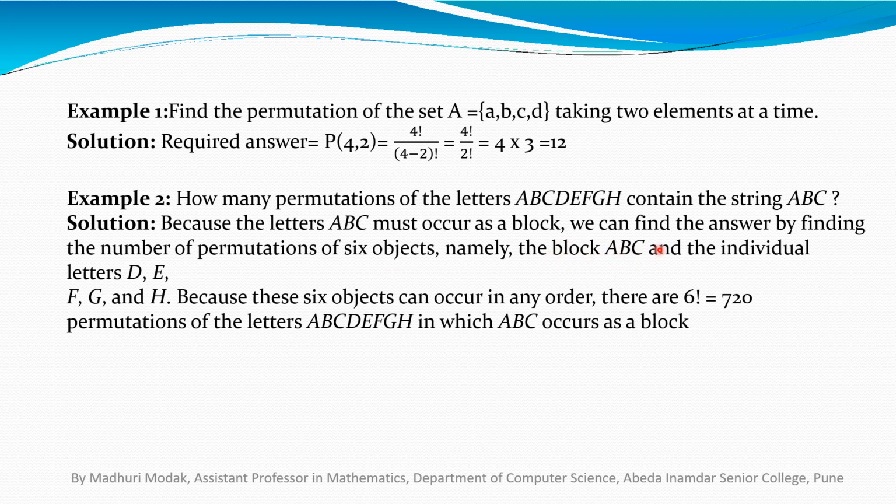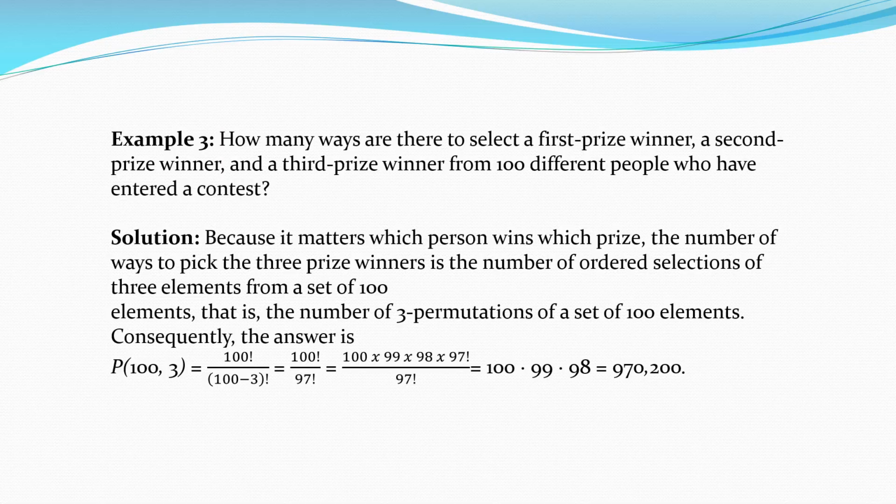So remaining 5 letters and this is one letter. So actually we are arranging 6 letters at a time. So arrangement of 6 letters taken 6 at a time is nothing but P(6,6), which is 6 factorial. And hence the answer is 6 into 5 into 4 into 3 into 2 into 1, which is 720.